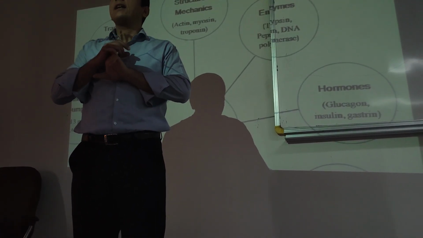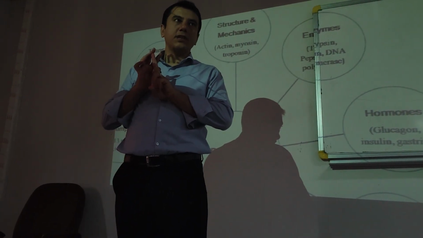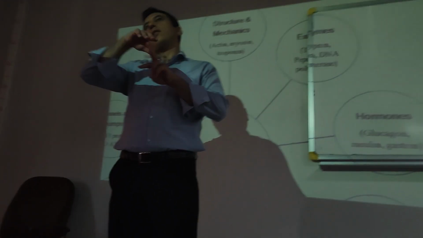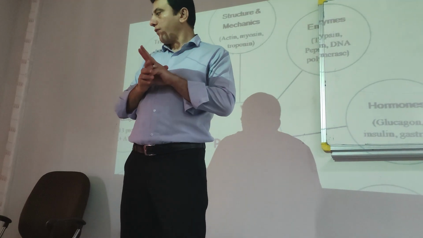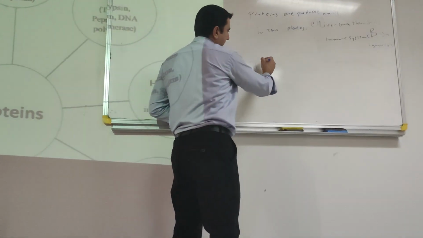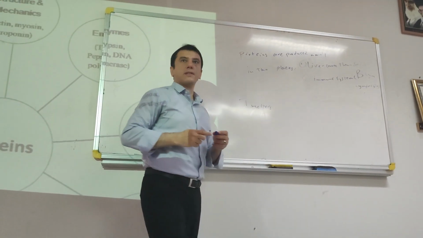The first one is T lymphocytes and the next is B lymphocytes. T lymphocytes are further divided into several classes. For example, we have T helpers.